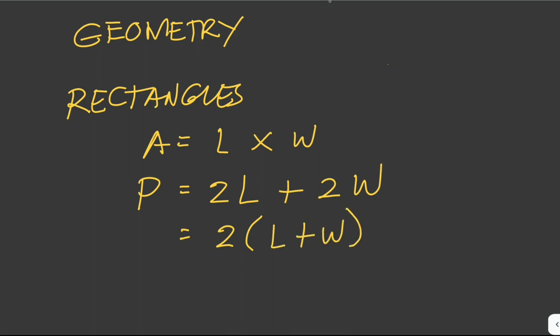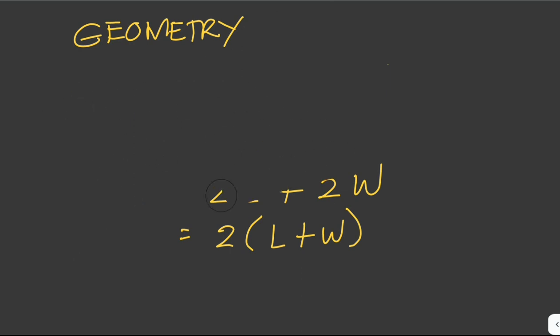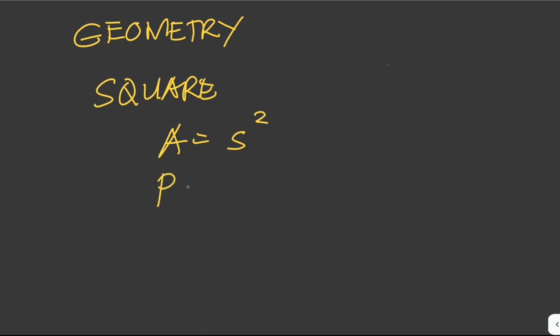And then for squares, the area is just equal to the square of the side, because the sides are equal, and then the perimeter is just 4 times the side.